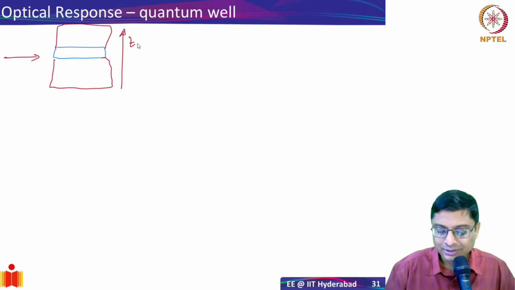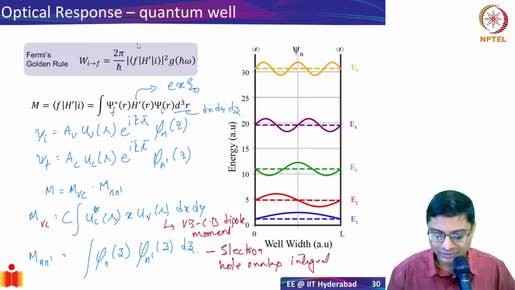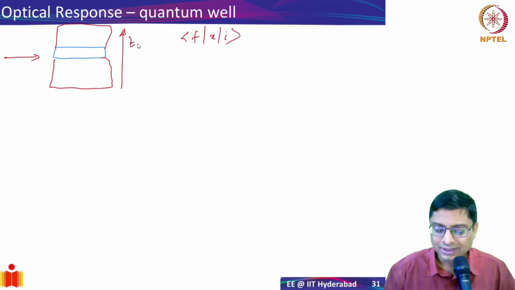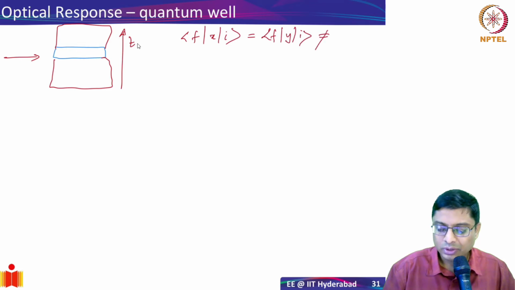Basically, if I look at the matrix element notation, where we have initial state and final state, and let's say I have the electric field in various directions, X, Y, Z, the important thing to remember is, let's say the electric field is in the X direction. Because of the confinement in Z, the electron can move about in the X and Y directions, so the final-state X matrix element is going to be equal to the final-state Y one, but this is not going to be equal to the final-state Z one.